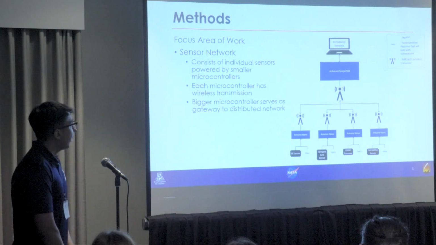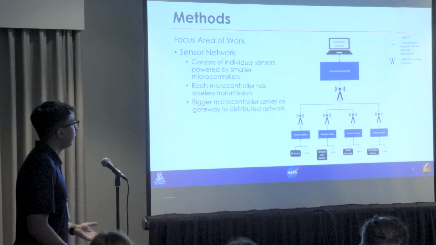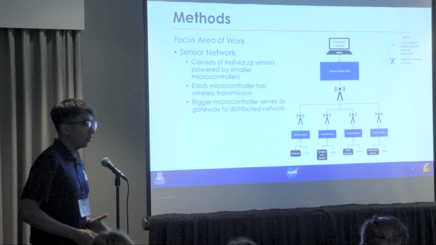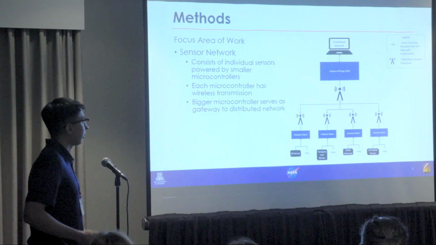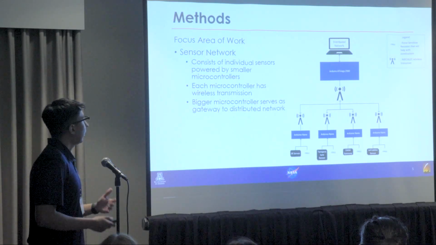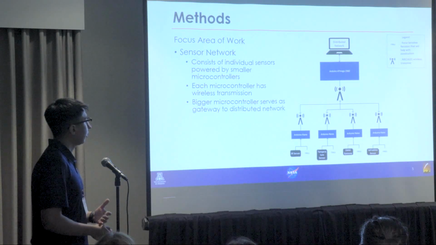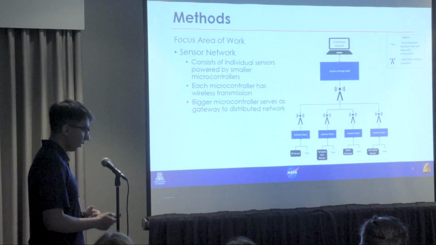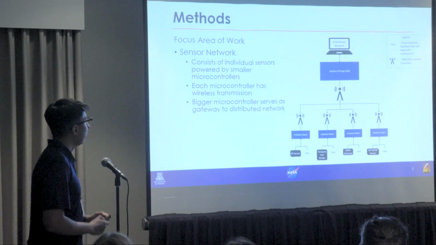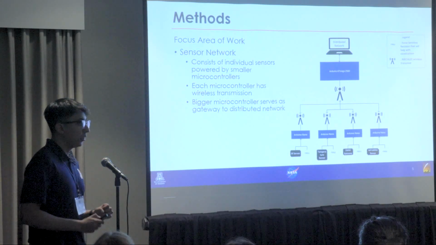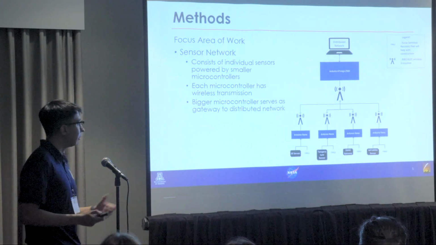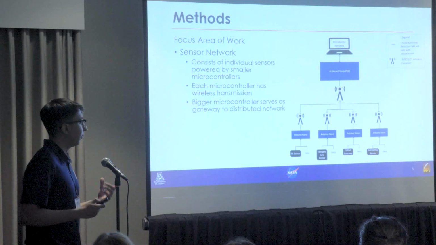Where my area comes into work is that I created the sensor network, an actual physical network of sensors and microcontrollers. It consists of individual sensors powered by smaller microcontrollers, more specifically Arduino Nanos, where each microcontroller has the capability of wireless transmission, because we don't want everything in the super adobe to be physically wired.